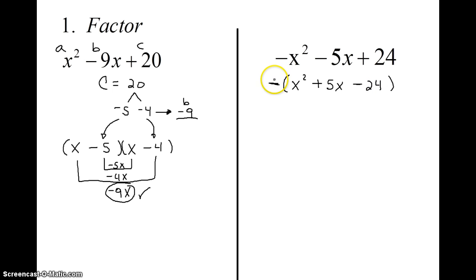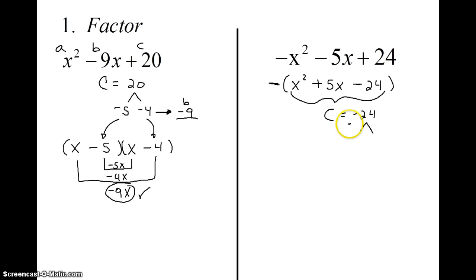So when you factor out the negative, we do have a positive 1 for a, 5 for b, and c is negative 24. So we're going to use what's inside of the parentheses to factor. Since a is 1, I'm going to take the value of c, which is negative 24, and find two numbers that multiply to negative 24 and give us the middle term, right? It needs to be 5.